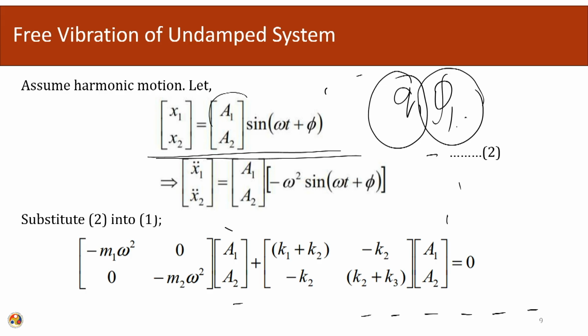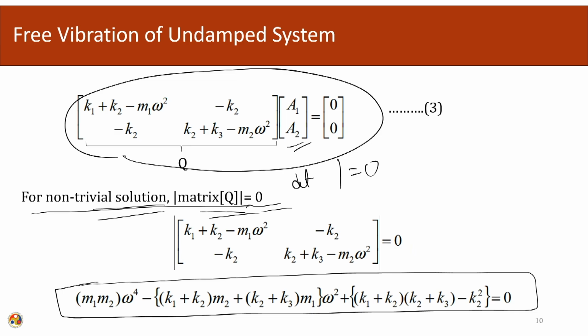Then we substituted this solution back into our equation of motion. Once we substitute this back, A1 and A2 are non-zero, so this matrix has to be singular for a non-trivial solution. It means the determinant of this matrix has to be 0.